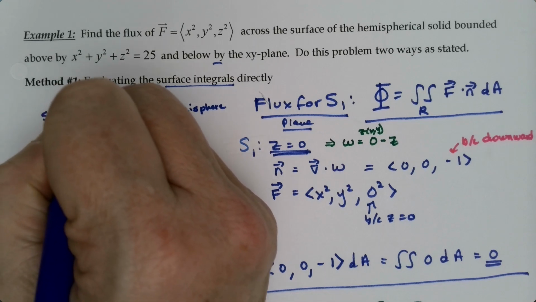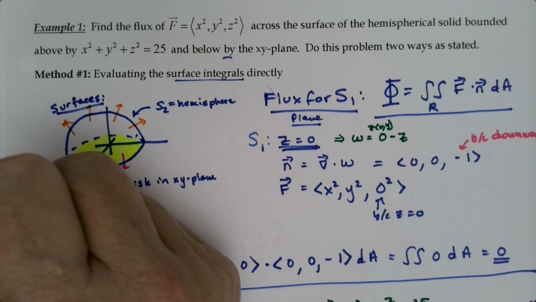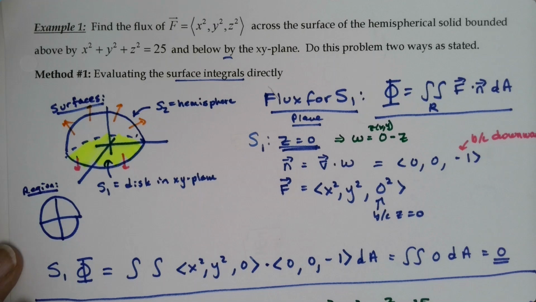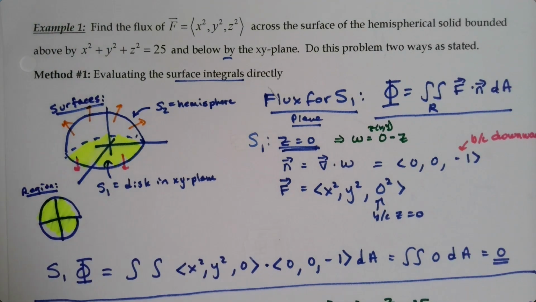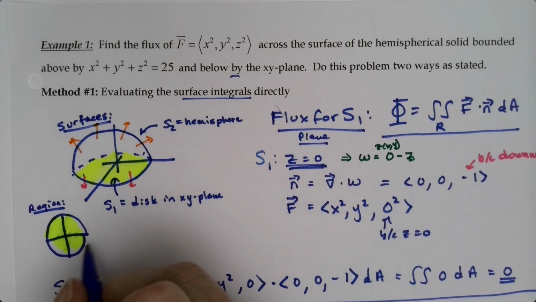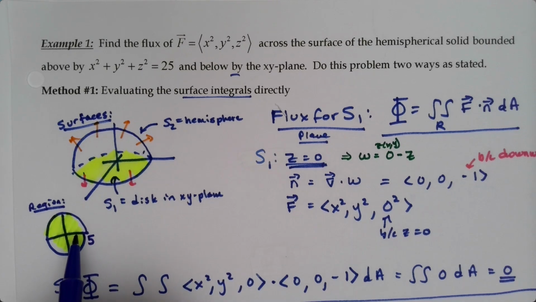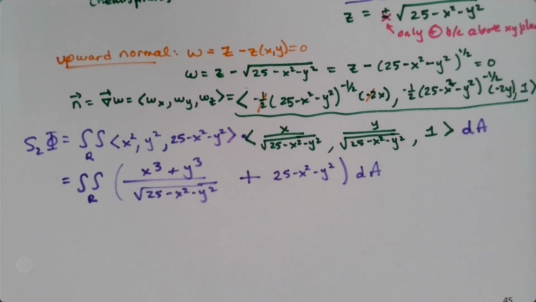Actually, it's two surfaces, and here's the region of integration down here. That region of integration is a circle of radius 5, because x squared plus y squared plus z squared was equal to 25. And we all know that when you're integrating over a circular region, we should switch to polar coordinates, which is exactly what we're going to do.